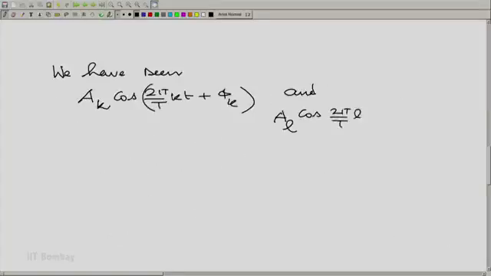We have seen that these two sinusoids, with k and l as indices, are orthogonal.